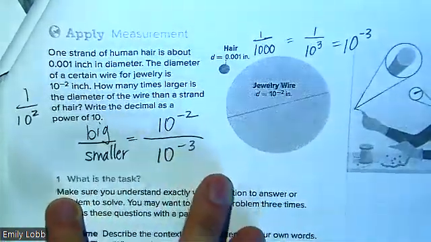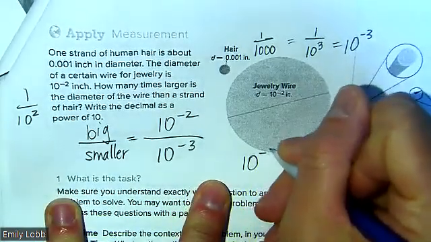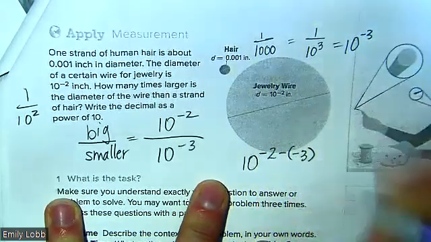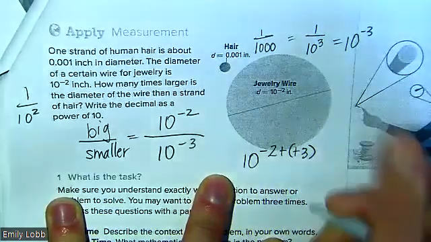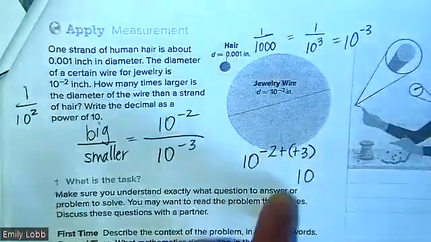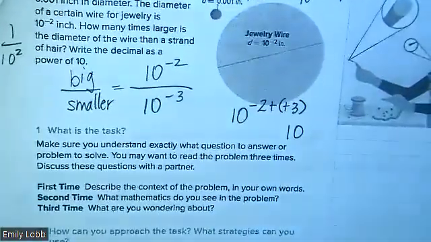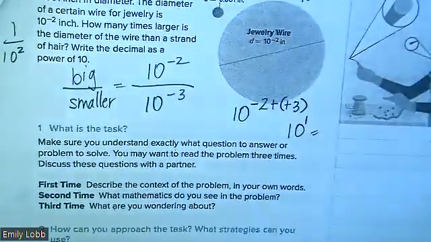Now we can use our quotient rule. Our bases are the same. So -2 minus a -3. Keep, change. This is 10 to what power? What's -2 plus 3? 1. What's 10 to the first power? 10.